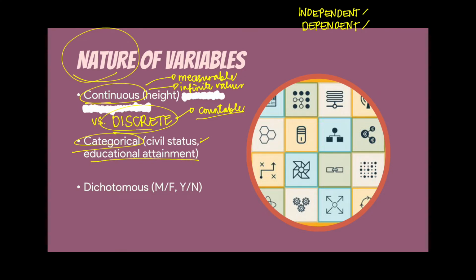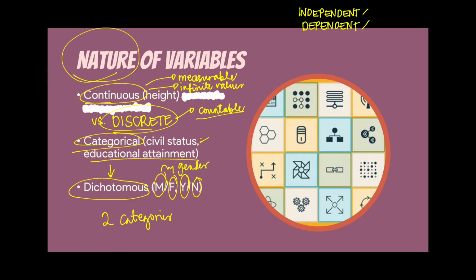And we also have a specific categorical variable, which we call dichotomous variable. Dichotomous variables are those variables which only have two categories. So for example, we have male or female, we have yes or no. For male and female, what's the name of our variable? It is gender. So this is an example of dichotomous variables.